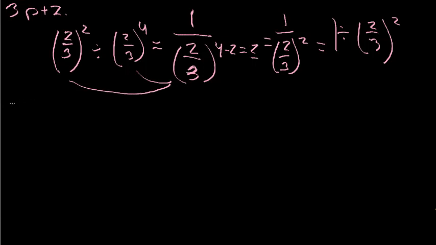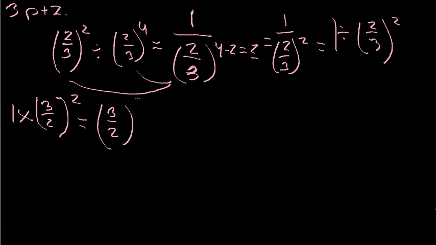So eventually it would become 1 times 3/2, because we have to keep the first number, switch division to multiplication, and flip the fraction so that the top goes to the bottom and the bottom goes to the top. Even if we switched it, we're still going to keep the exponent the same. So the exponent is still going to be for the whole number. And then 1 times this fraction would equal, obviously, the same number. So this would be our answer.